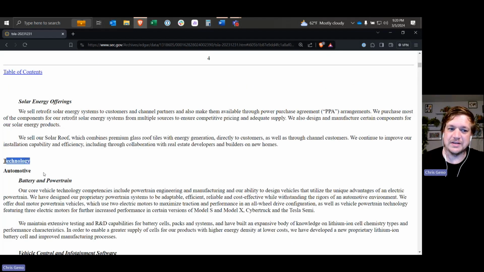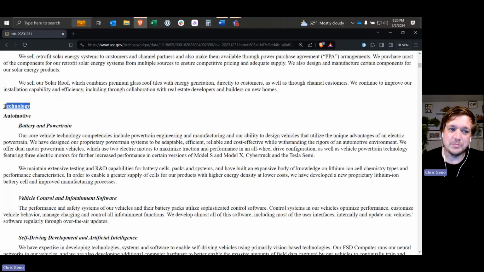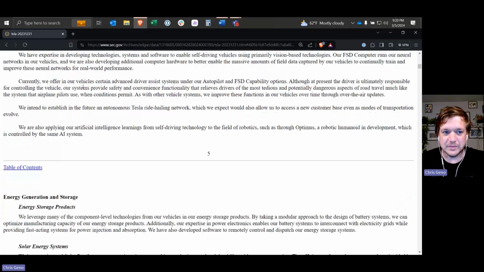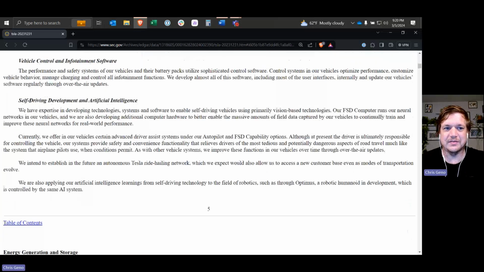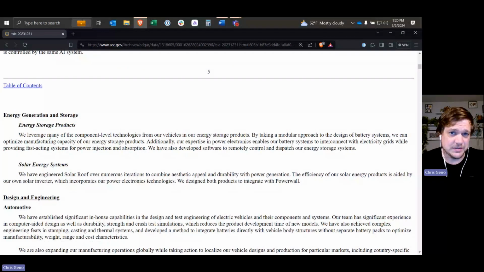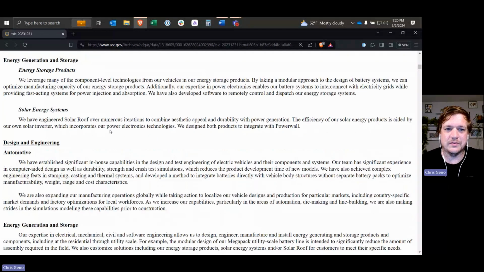They talk about some of the technology that they offer in both of their business segments. So this is their battery, vehicle information. They've even got this self-driving conversation and artificial intelligence, so AI right there in the 10K, and the same conversation around the energy generation and storage. So there's loads of information here.